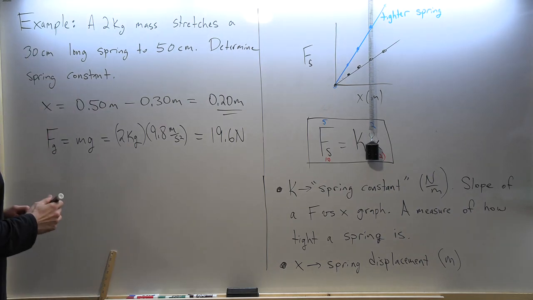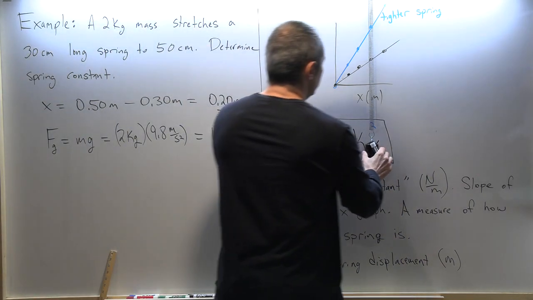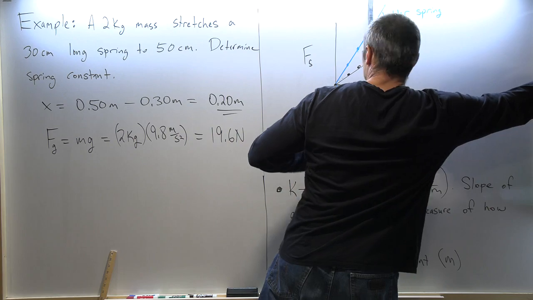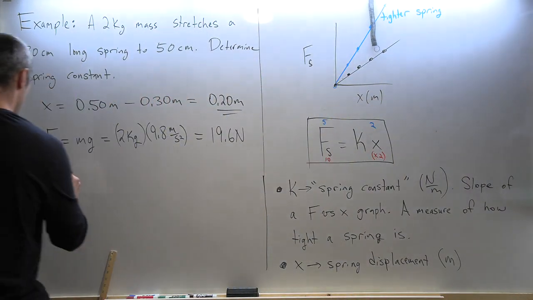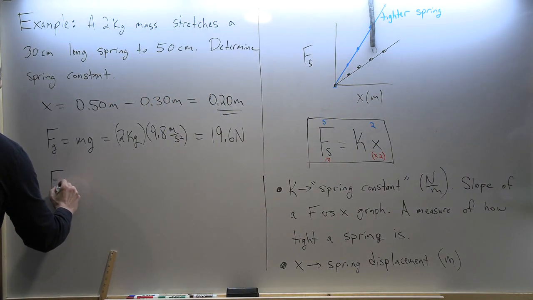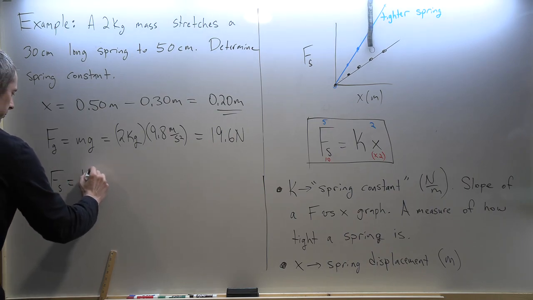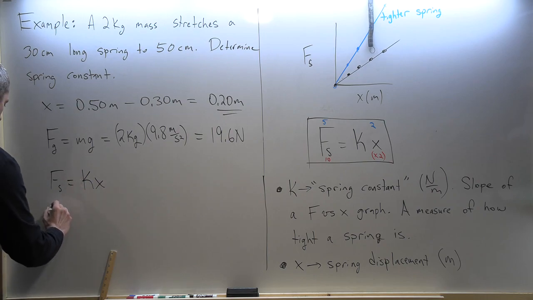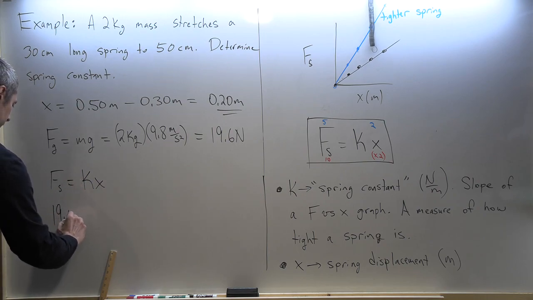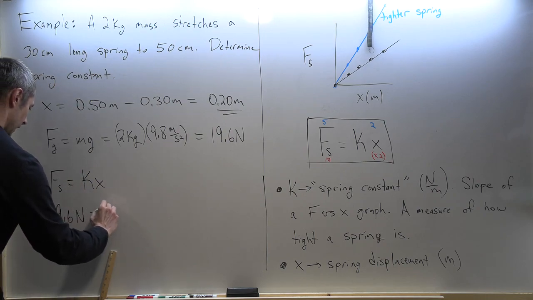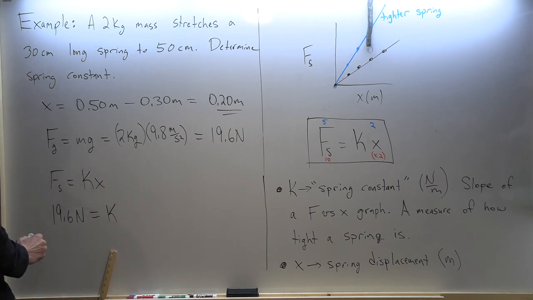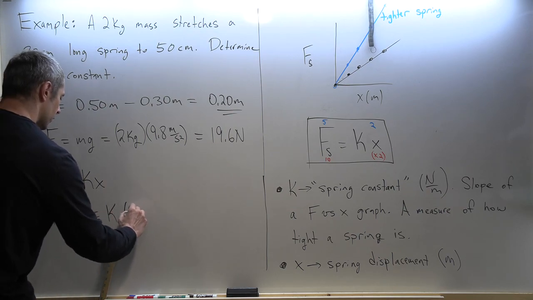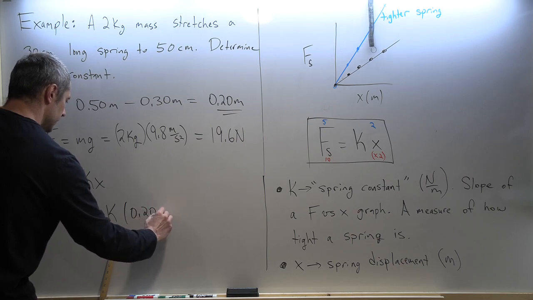And so finally, now I can use this formula for the spring force, Hooke's law, right? F spring is Kx. So I plug in my force of 19.6 newtons. K is what I'm looking for, and 0.20 meters.